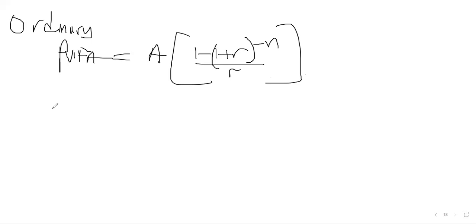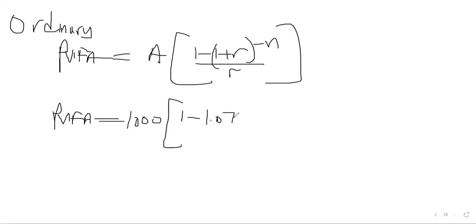So our present value interest factor annuity is going to be: the amount is 1,000, then 1 minus 1.07 to the power negative 3, then over R, which is 0.07.